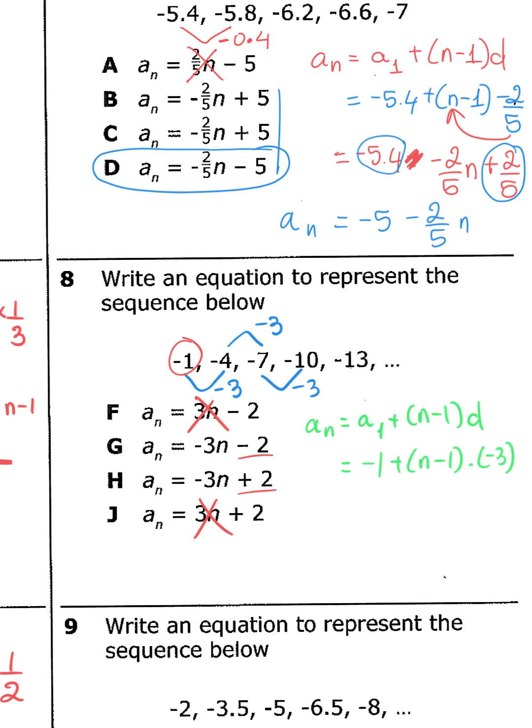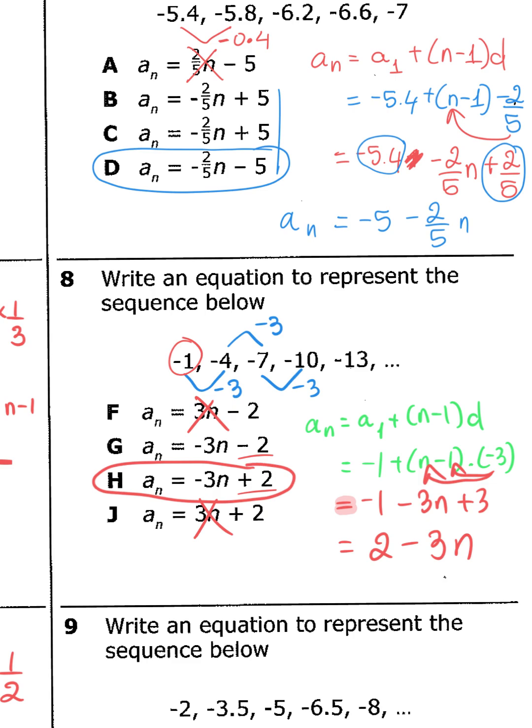All right, I'm going to do distributive property. Negative 1, that becomes negative 3n. And then that becomes 3. Okay, combine like terms. 3 minus 1 is 2 minus 3n. So I can pick H, similar.